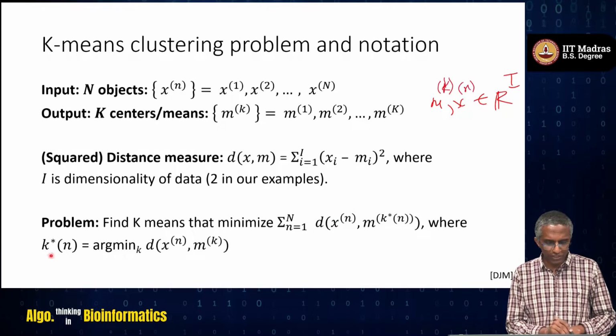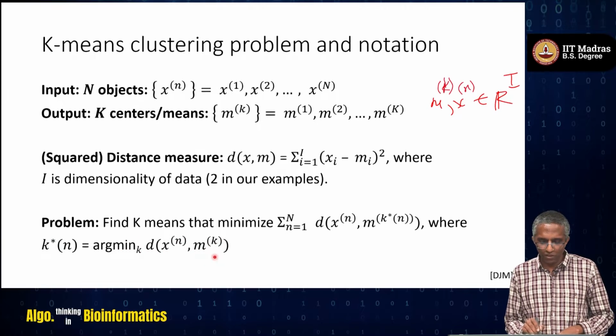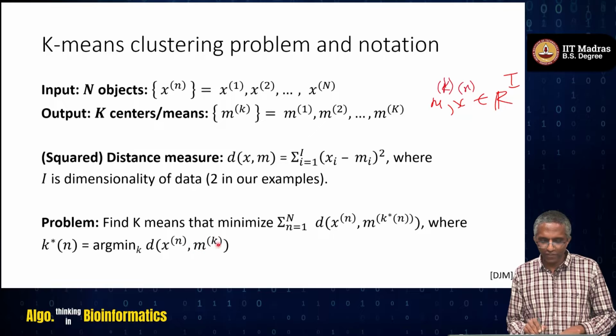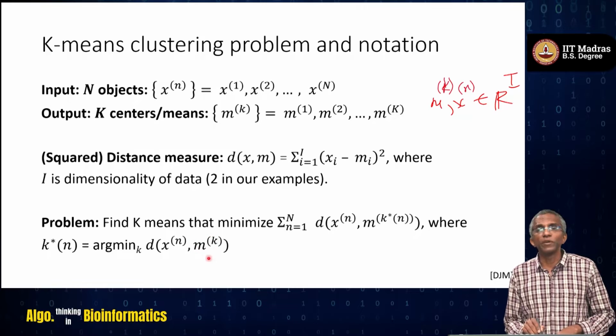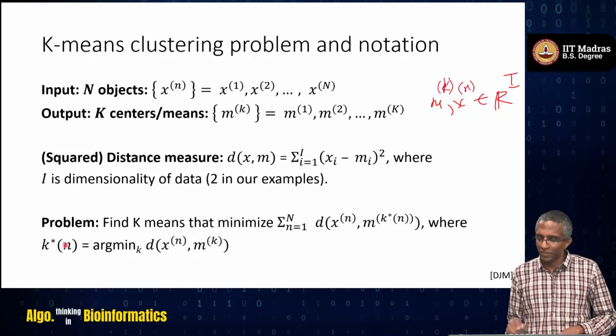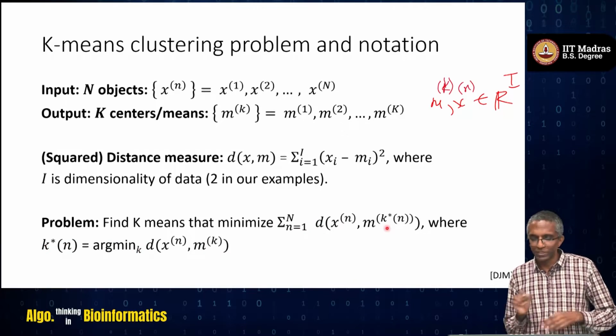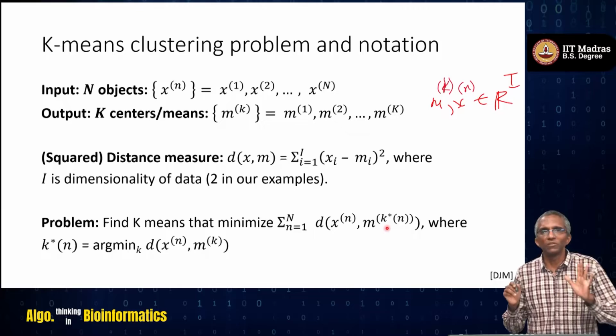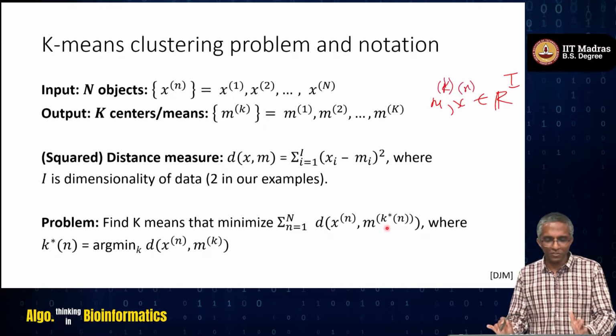And that is what is given here: k star of n is argmin over k of d of xn comma m of k. So, you just run over all the values of small k running from 1 to capital K, and you look at whichever is the closest, and that k is called k star of n. Okay. And that is what is being minimized here. I hope the problem is now very concretely specified.